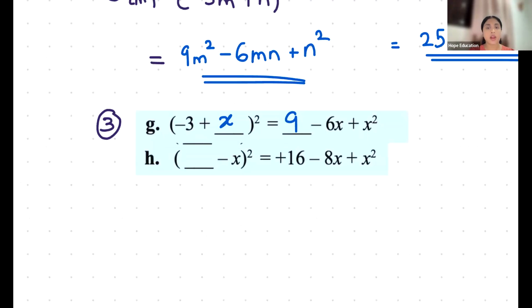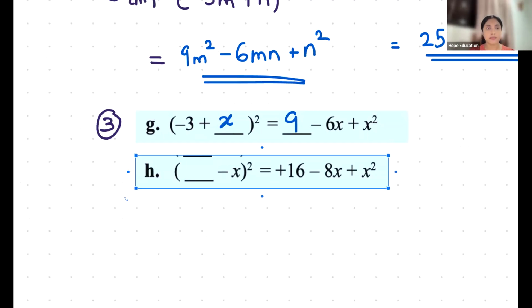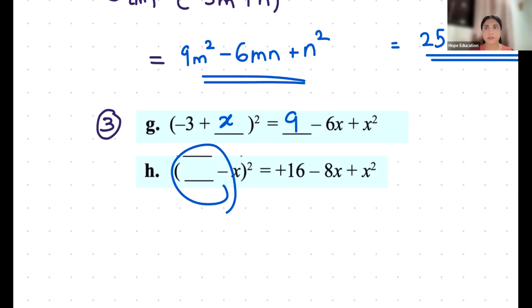So in H, what comes here? What comes here? Okay, Alia says 4. What do others think? Minus 4.